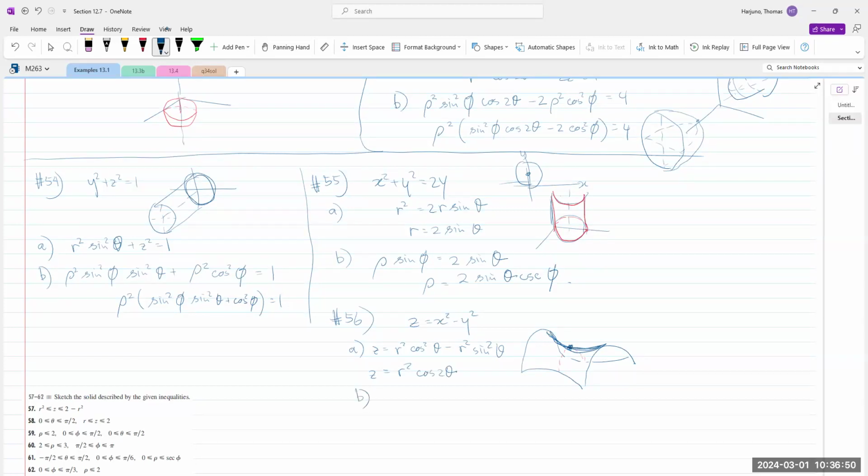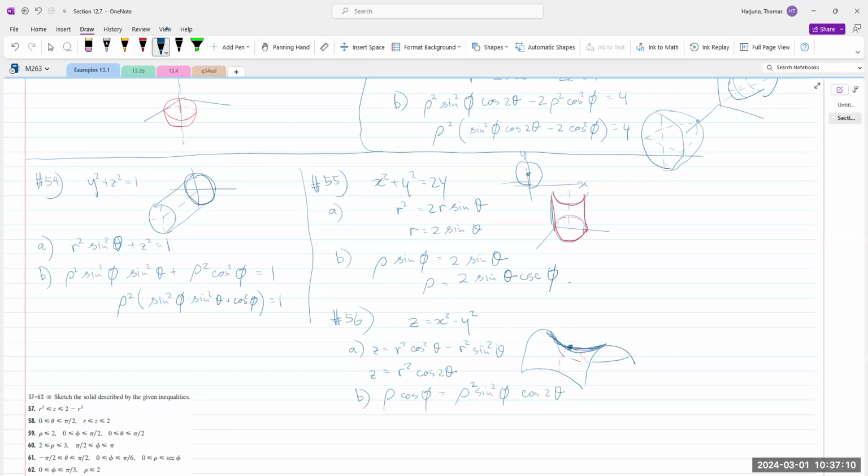And then finally, the equation in spherical. That's rho cosine phi equals rho squared sine squared phi cosine 2 theta.